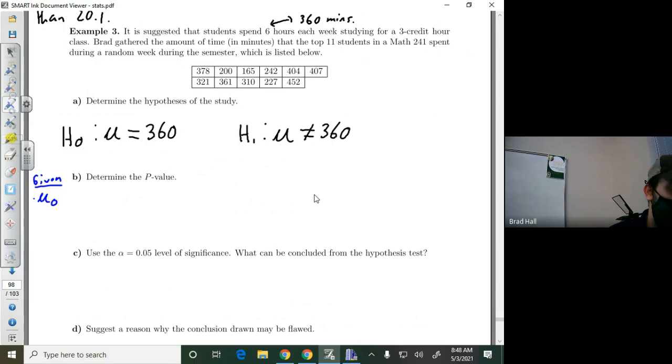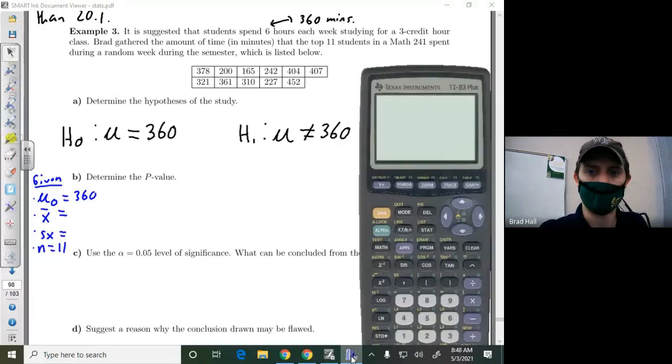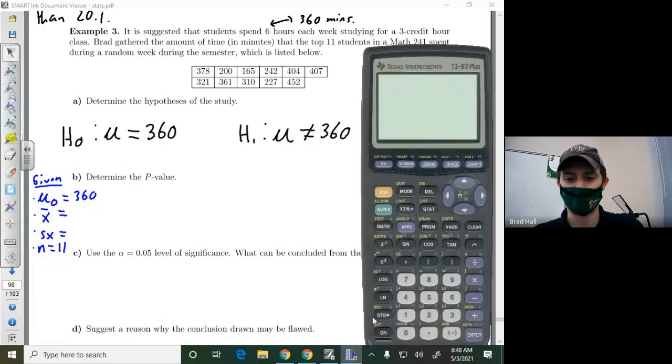If anything, mu0 is 360. It's the assumed mean. Go ahead and figure out the sample mean and the standard deviation here shortly. And sample size, 1, 2, 3, 4, 5, 6. Oh, it says it right there, 11. So we can go ahead and real quickly figure out the mean and the standard deviation.